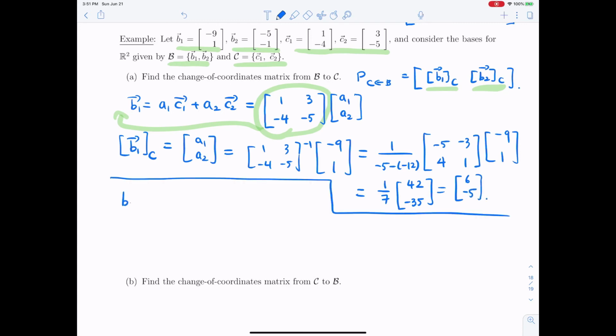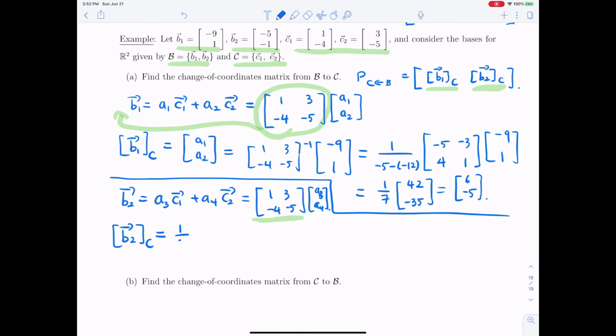Similarly, if you let B sub 2 equal A sub 3 C1 plus A sub 4 C2, or [1, -4; 3, -5] times A3 and A4, then you can find the C coordinate of B2 by multiplying by the inverse matrix of this again. That equals 1/7 times [-5, 4; -3, 1].